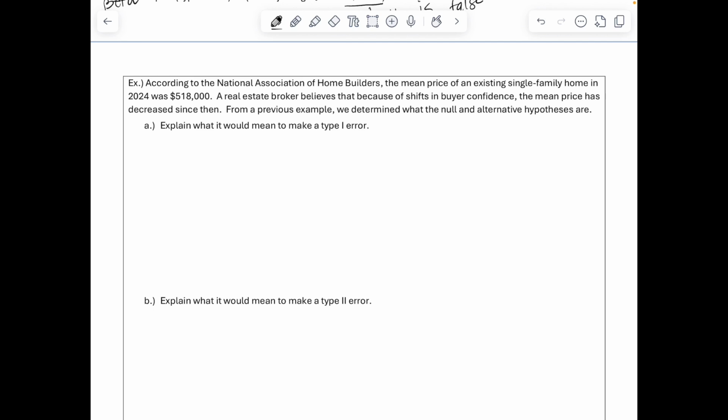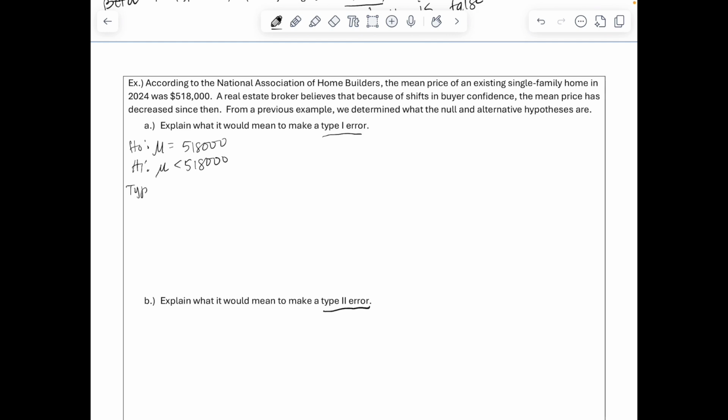From the previous example, we determined what the null and alternative hypotheses are. In part A and part B, it's asking about type 1 error and type 2 error. The first thing I'm going to do is copy down our null and alternative hypotheses from before. Our null was that the mean is equal to 518,000, and our alternative is that the mean is less than 518,000.